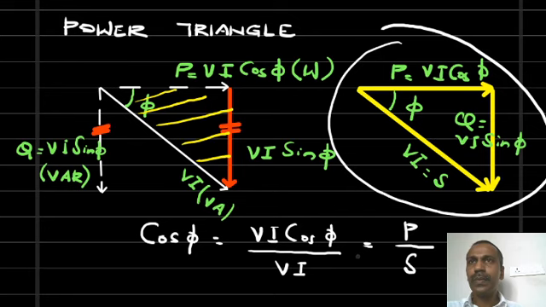Out of this VI, a certain part is utilized. This is the useful power. Active power is the useful power. So what is this cos phi, or the power factor? It tells you what factor of apparent power is utilized as active power. So the power factor tells you what factor of apparent power can be utilized. It is P by S, active power divided by apparent power.